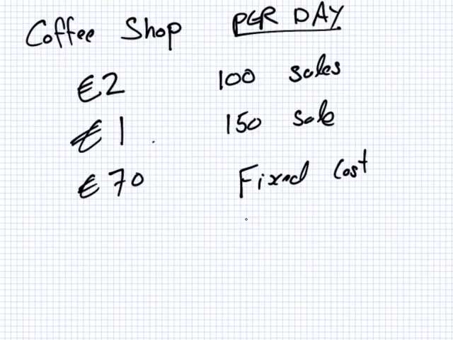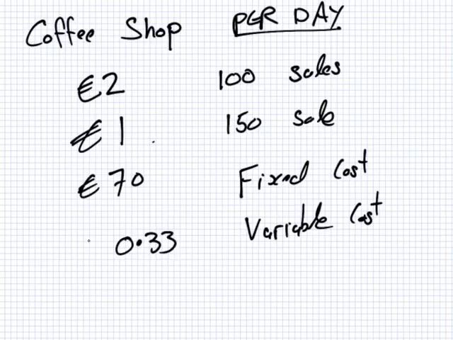But then you have something else called a variable cost. This is the cost per sale. Every time you make a coffee, you must pay for the coffee cup, the beans, the milk, etc. If you have lots of sales, that's good, but you also must buy more coffee, cups, beans, milk, etc. So we'll say per cup, it's 33 cents.